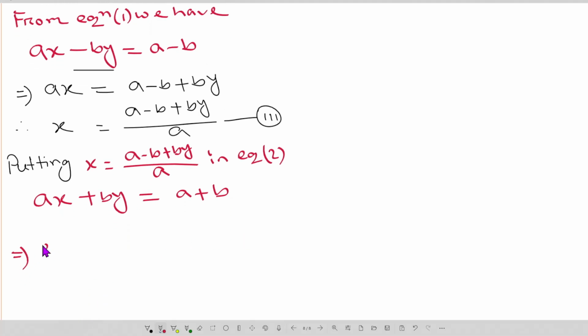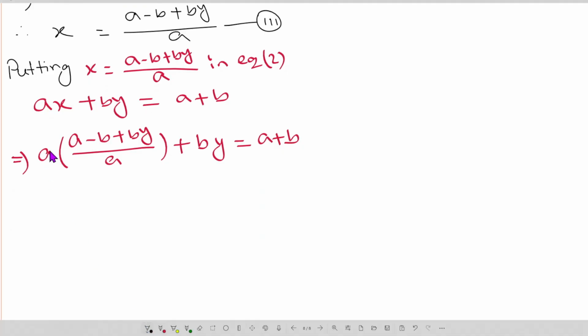So a and x is already found in equation 3, x means (a minus b plus by) divided by a, right? Plus by equals a plus b.